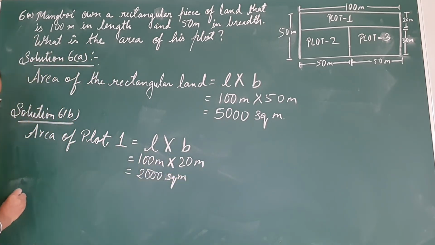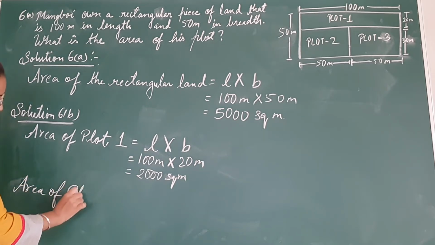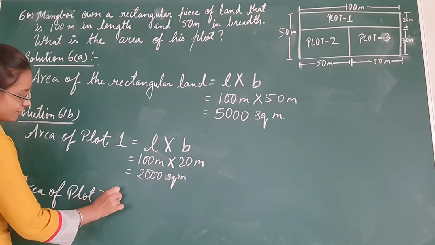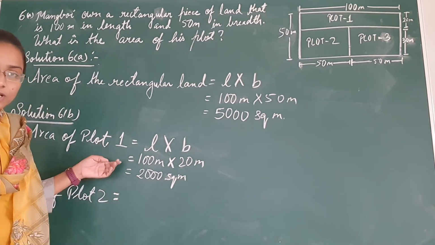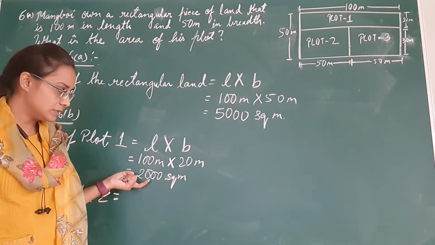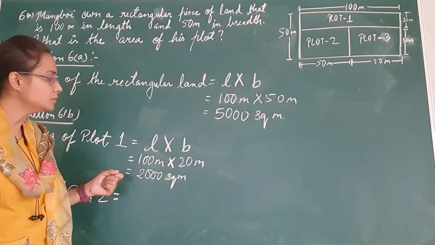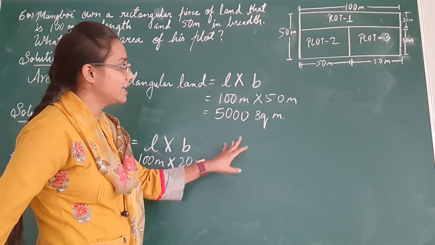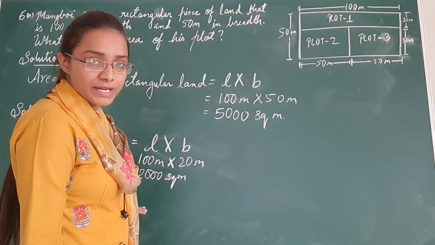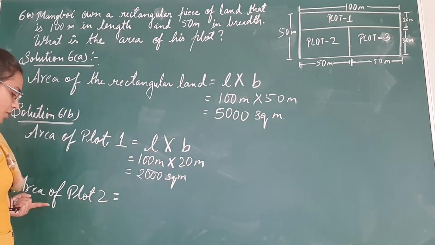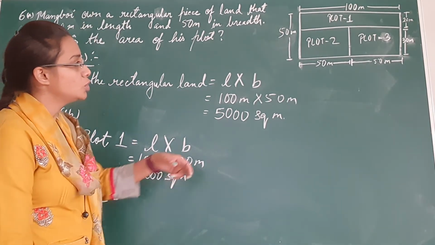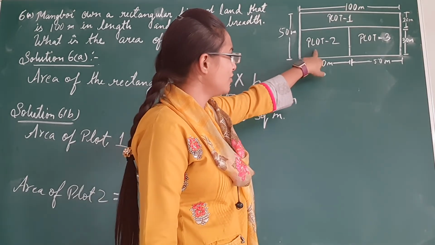So let us take out the area of plot 2. If you get confused about how to write, first of all, write what is the length and the breadth, then find out the area. So area of plot 2, how much is the area?